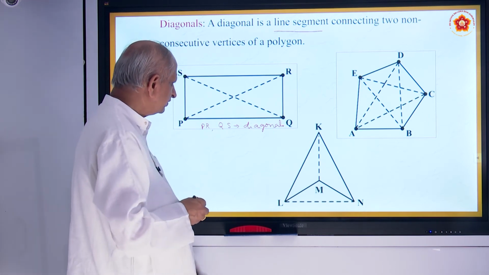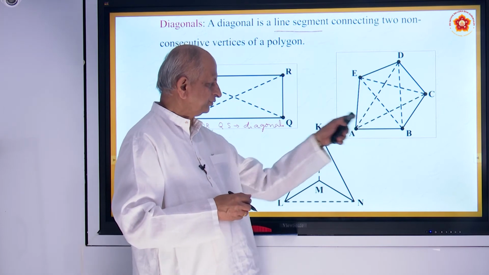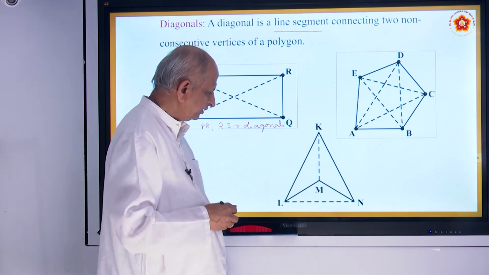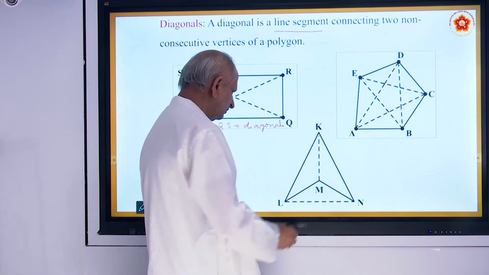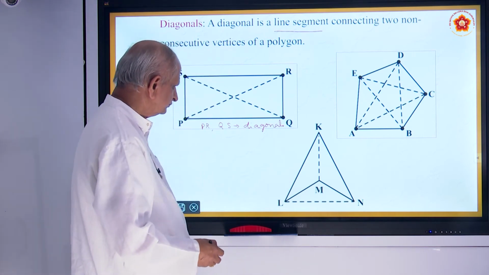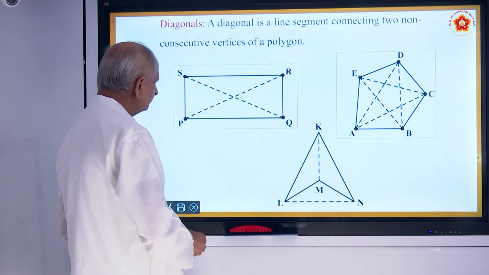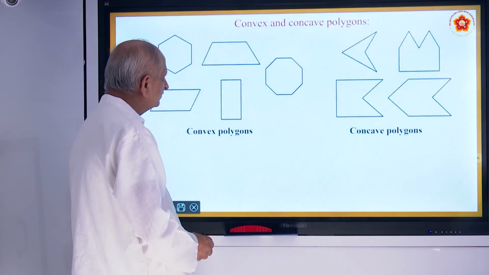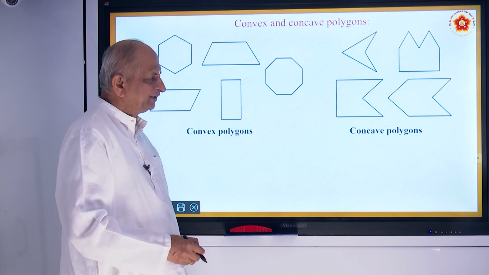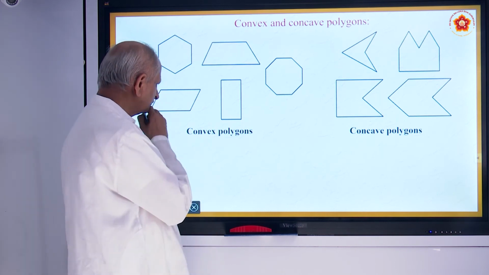And these two are called convex polygons. This is called a concave polygon because the diagonal is outside the figure. Okay. So we will know about that. That is about diagonals, and convex and concave polygons.